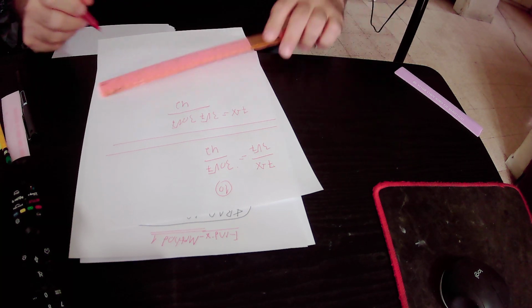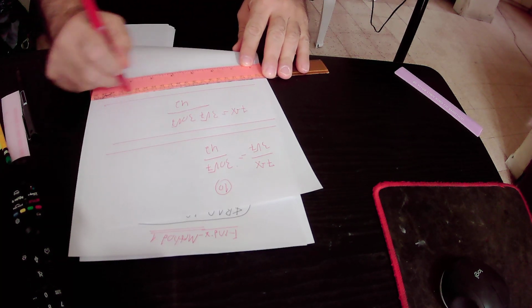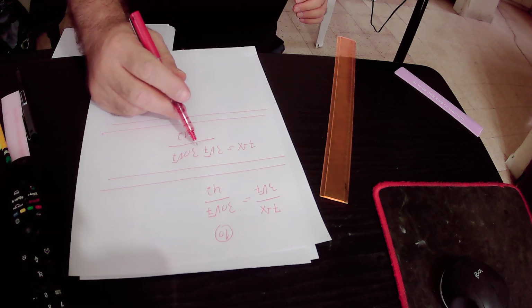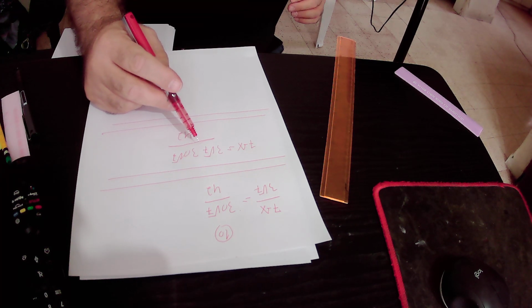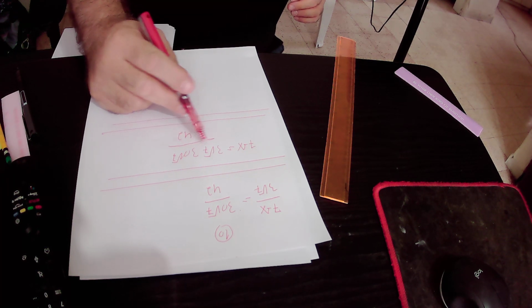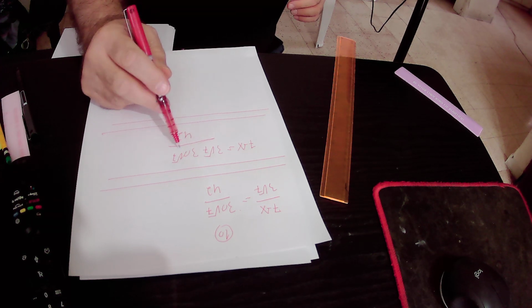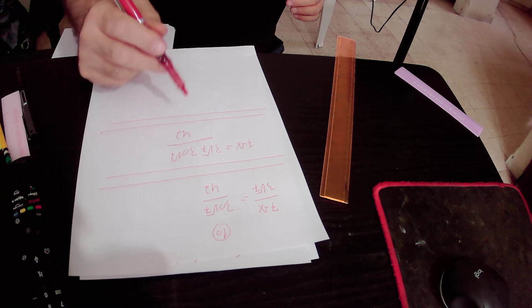So here 3 times 3 is 9, and root 7, 3 times 30 is 90, and root 7 times root 7 is 7, and 90 times 7 is 630.